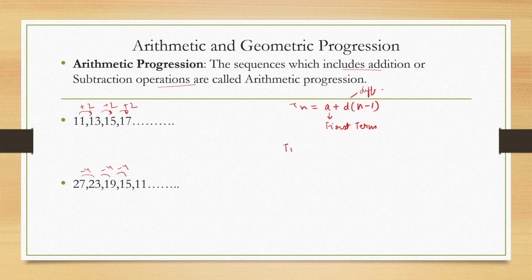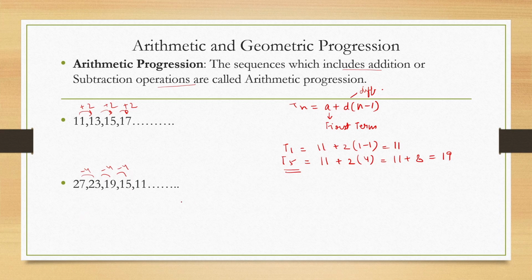If I want to find the first term, T1 equals a, the first term 11, plus difference 2 times n minus 1, which is 1 minus 1, so it is 11. So 1, 2, 3, 4, I want to find the fifth term. The first term is 11 plus 2 times 5 minus 1, which is 4. So 11 plus 8 is 19, which will be the fifth term here.